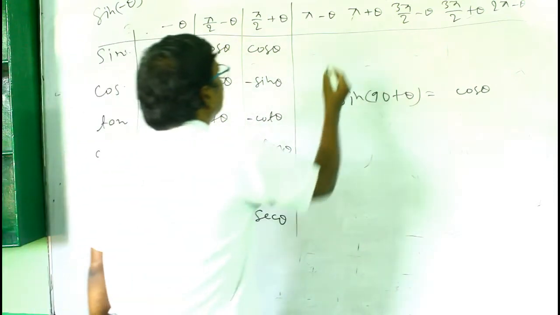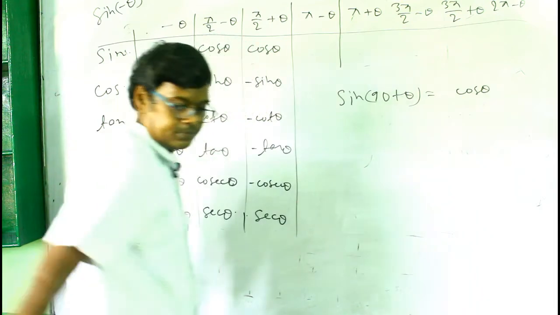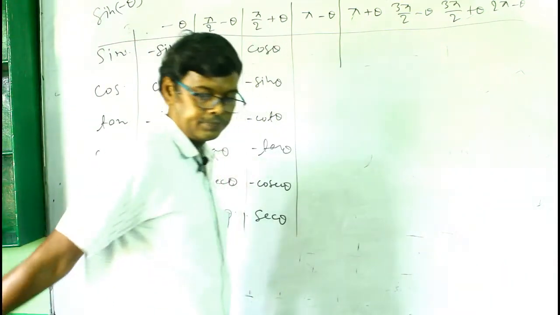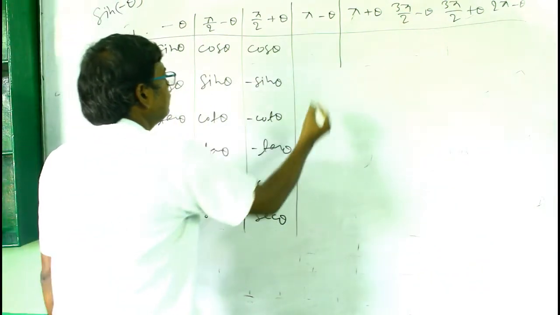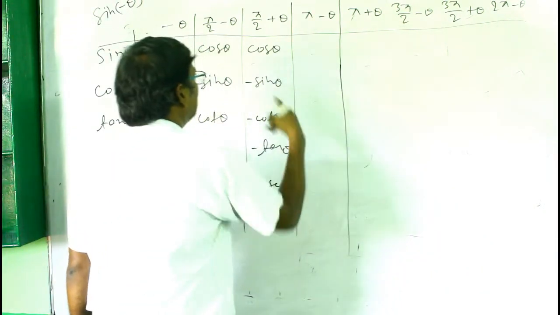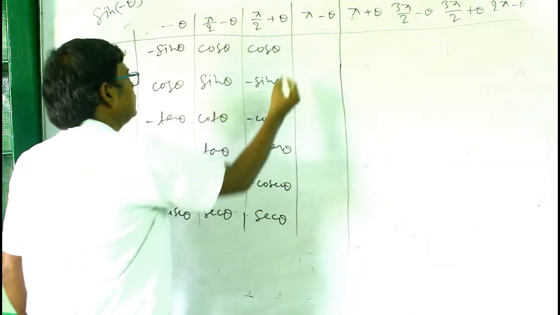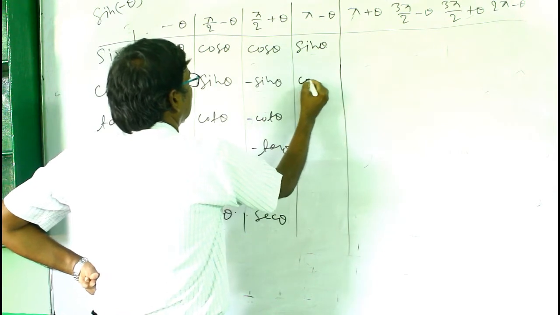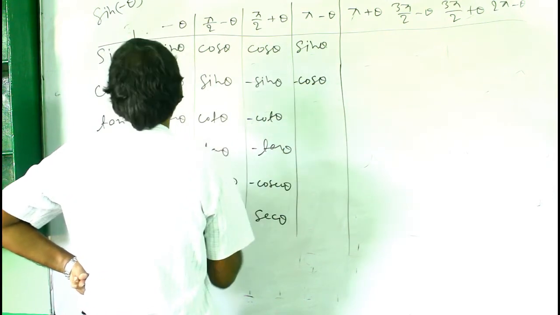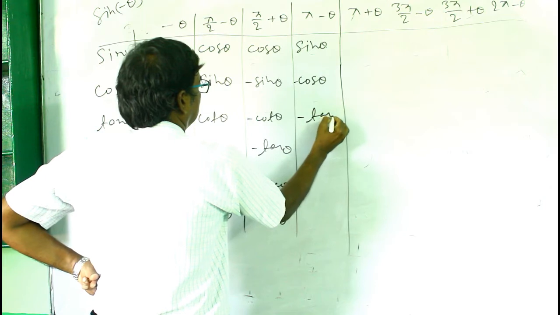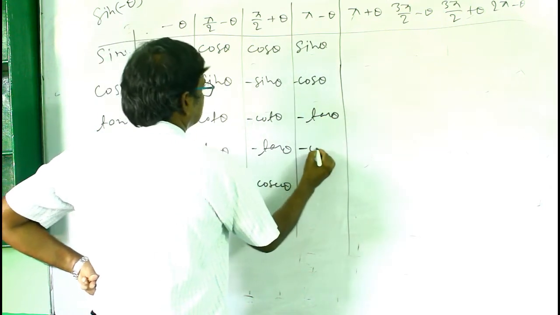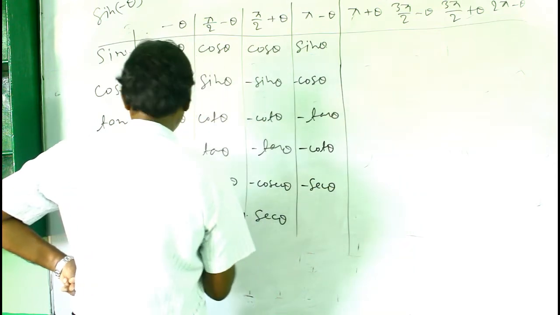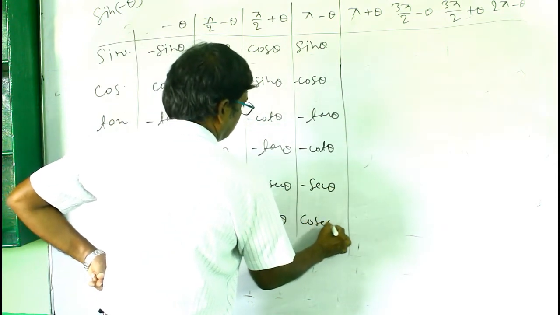And similarly now we have here sin pi minus theta. So sin pi minus theta will be equal to sin theta here, and then cos pi minus theta equal to cos theta, it will be negative here, and minus tan theta, minus cot theta, minus sec theta, and here cosec theta.